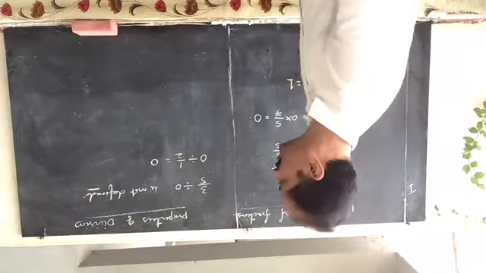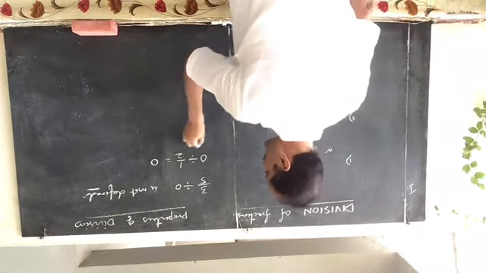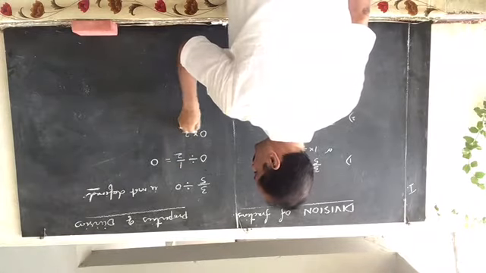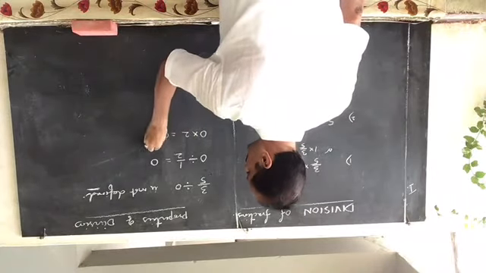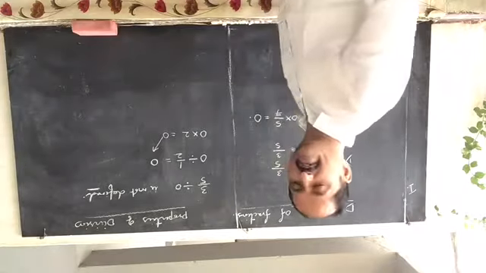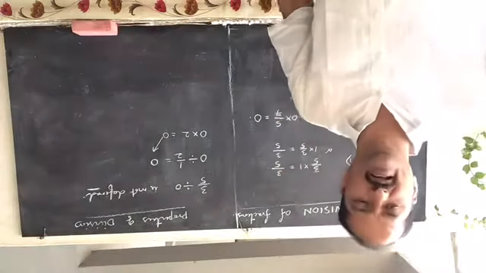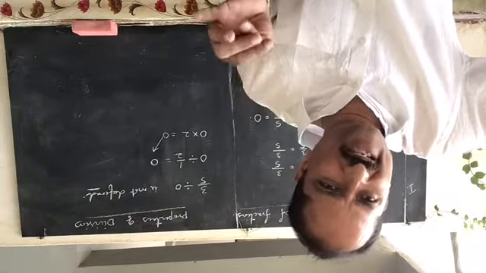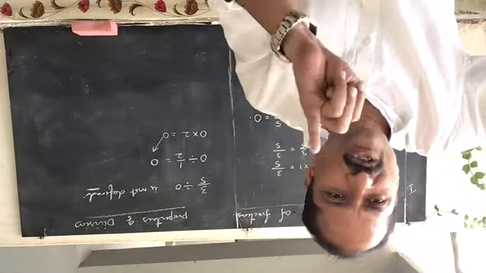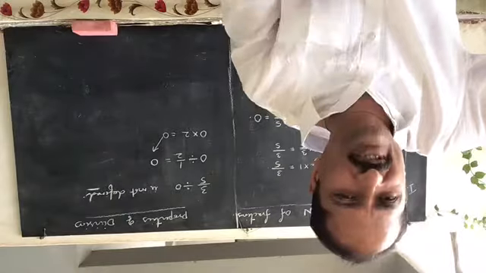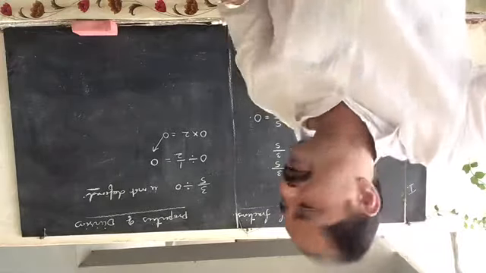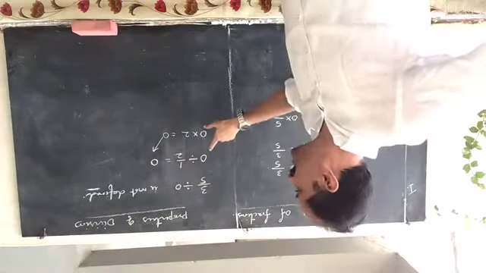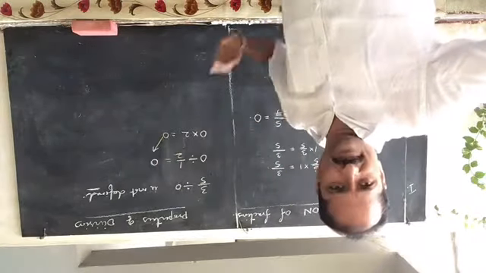That means how is it, see. 0 divided by 1/2 means 0 into the reciprocal of 1/2, which is 2. So 0 into 2 is how much? 0. So if you divide 0 by any number, whether a whole number, natural number, fraction or decimal, the quotient is 0. Division by 0 is not defined, but 0 divided by any number is 0.